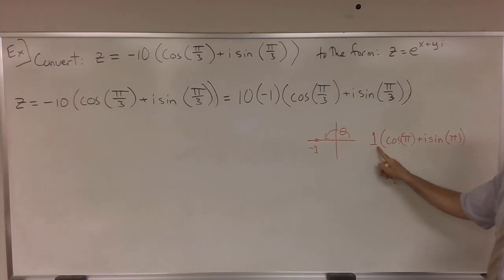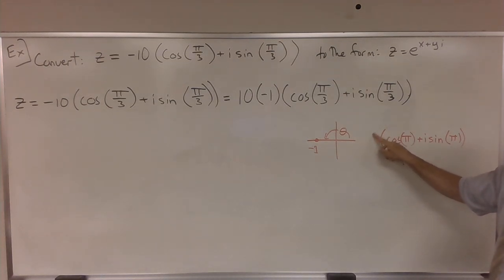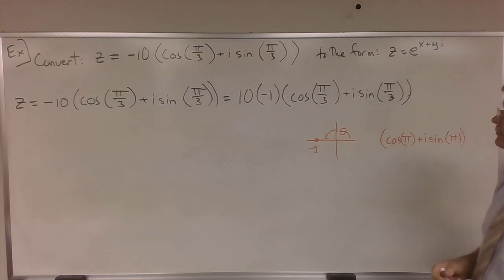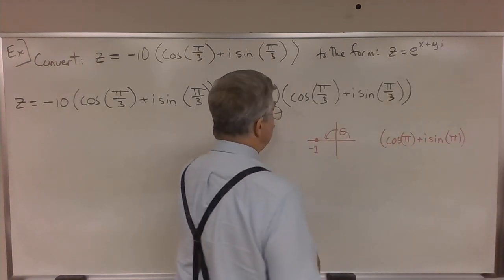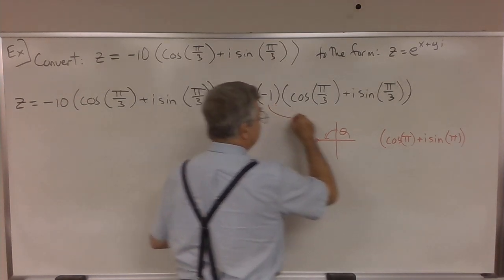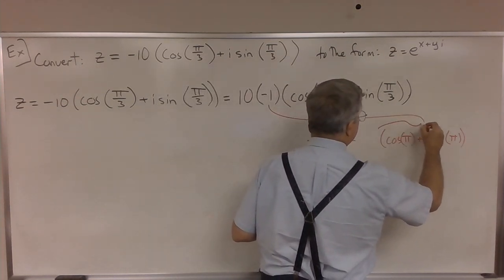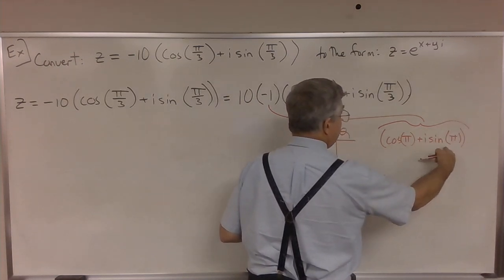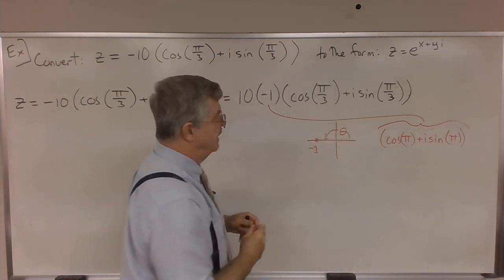And 1 times anything is just that thing, so we don't really need the 1 here. So this -1, what it is, is cosine of pi plus i sine of pi.